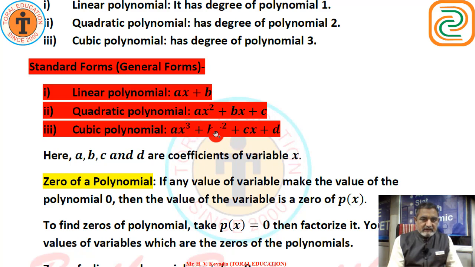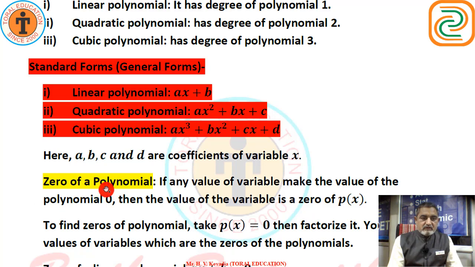Here x, x, x are the variables, but a, b, c and d are coefficients. The coefficients are the constants which are present with these variables.